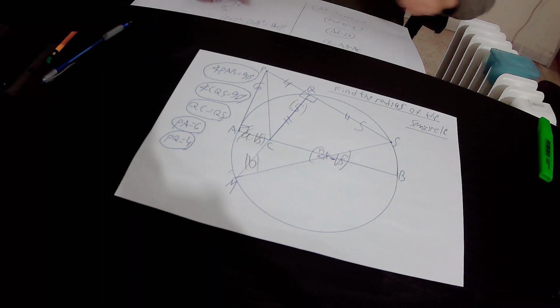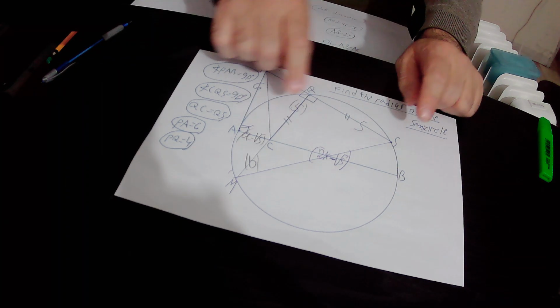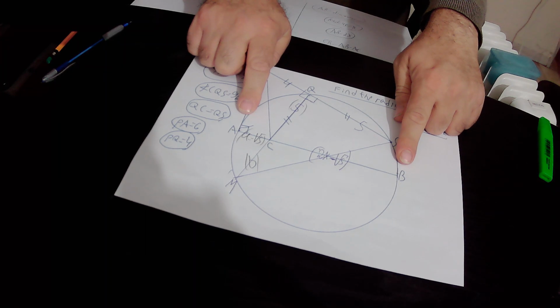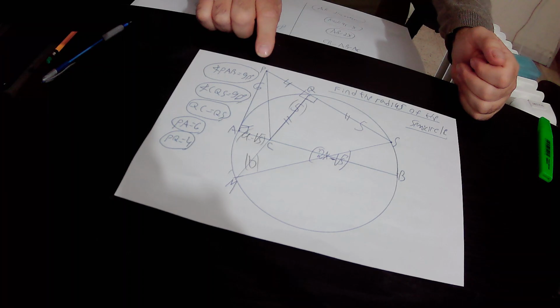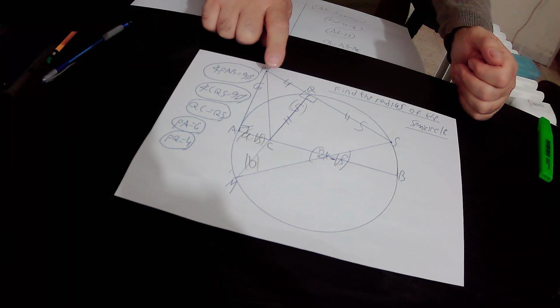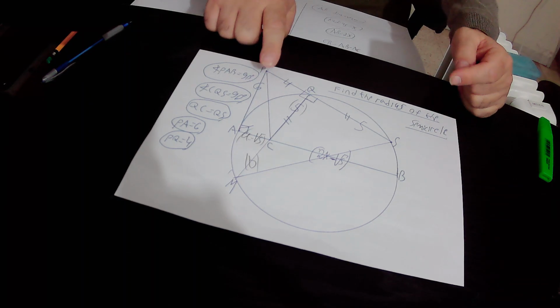First of all, we know that this is a semicircle, therefore AB is the diameter. So if we define the radius of this semicircle as x, then the diameter AB must be equal to 2x.